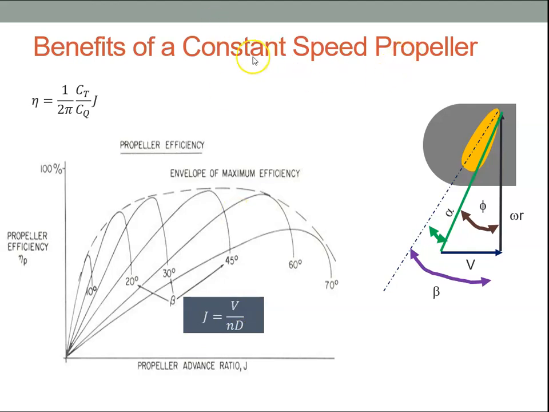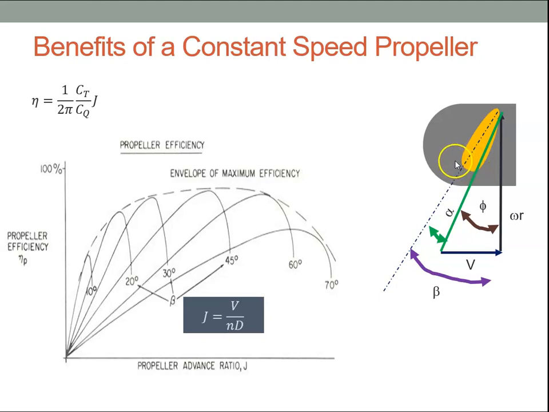And that's what a constant speed propeller does. With a constant speed propeller, the RPM is kept constant. So this value here, the revs per second times the diameter of the prop, is kept constant. When the pilot pushes the power lever forward to increase velocity, the propeller blade angle automatically changes.